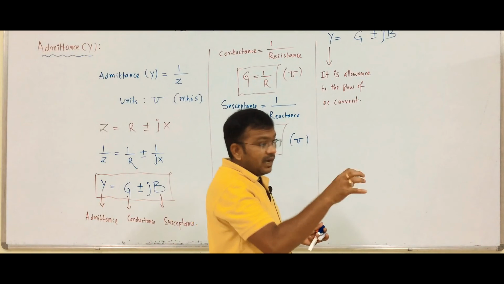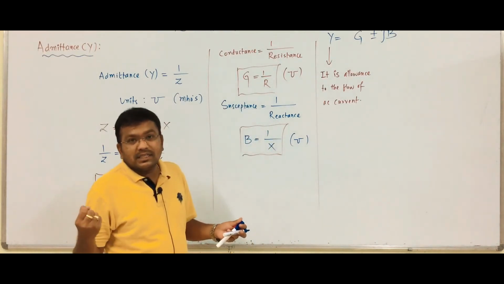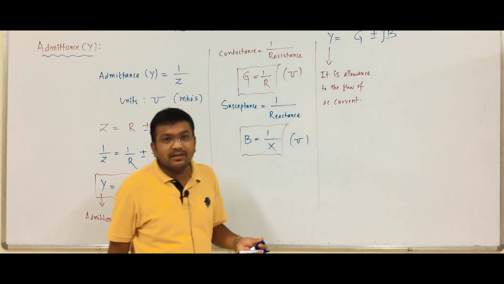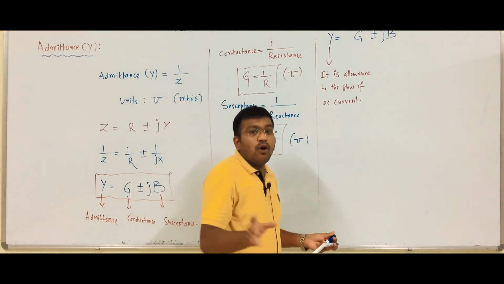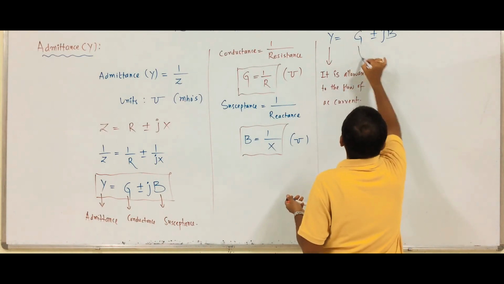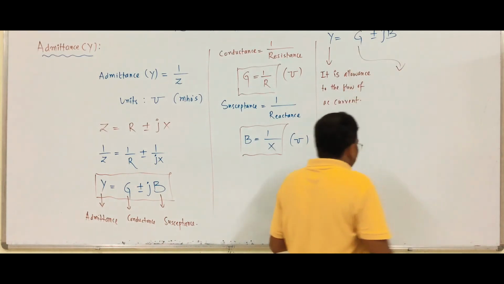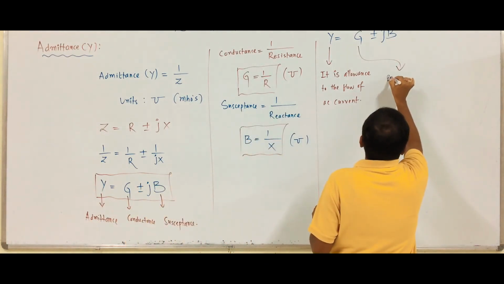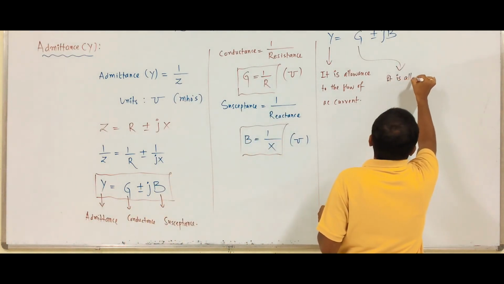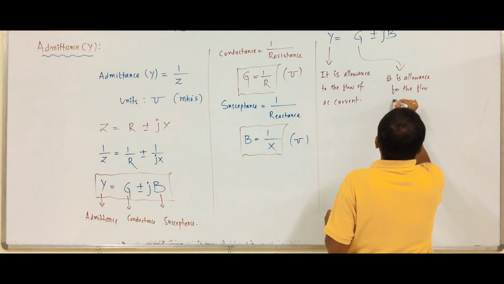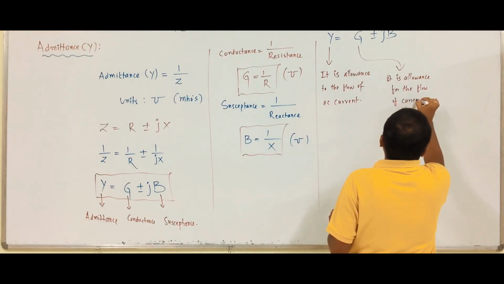Coming to admittance, it is allowance for the flow of AC current, meaning it clears the path. So, what about R? The resistance opposes the flow of current, and conductance is allowance for the flow of current.